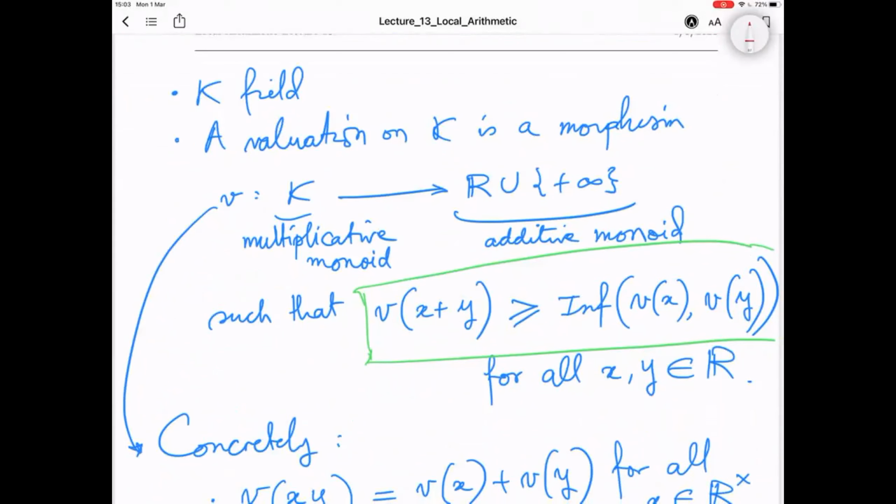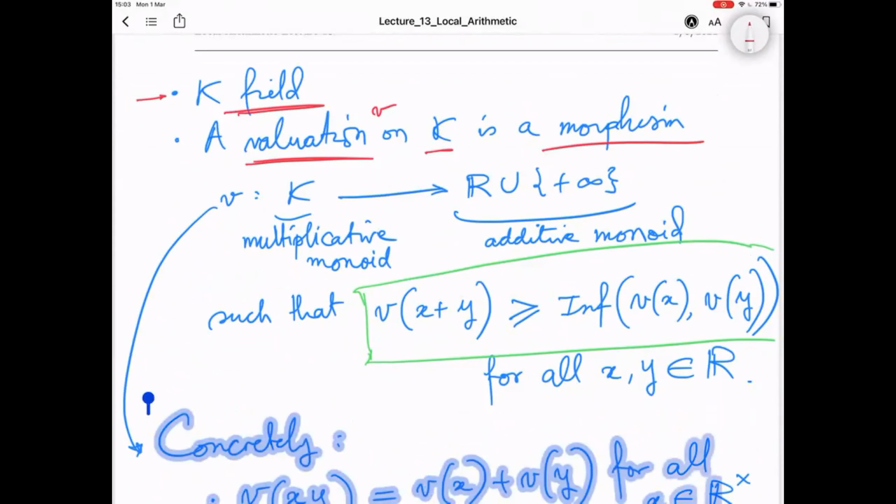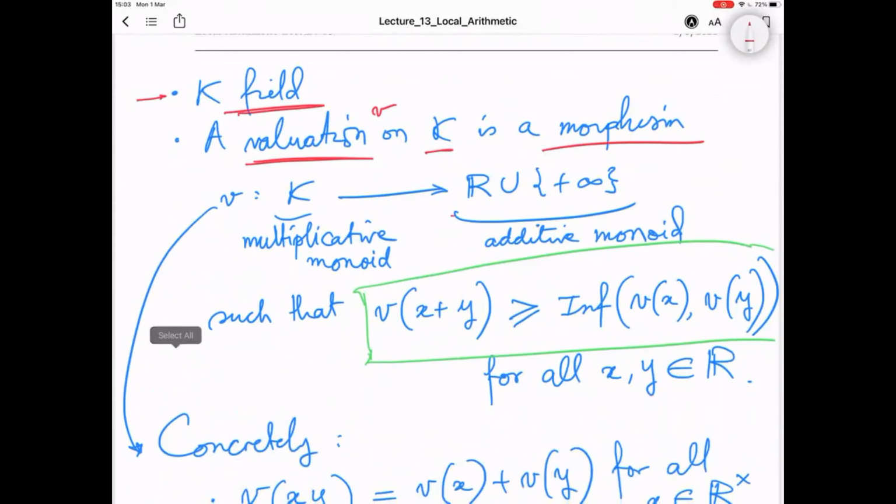So the first definition is going to be that of a valuation on a field. So you've got a field K, and a valuation V on K is just a morphism from K to this additive monoid which I have introduced, R union plus infinity. And this K here is to be thought of as a multiplicative monoid.